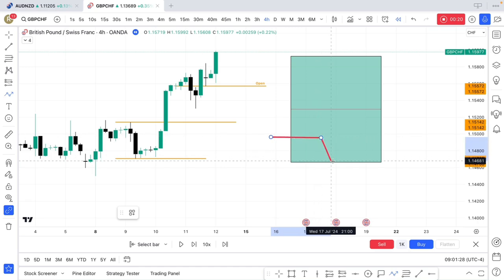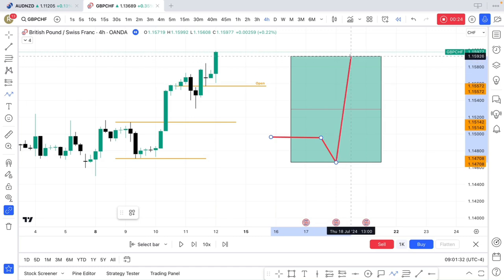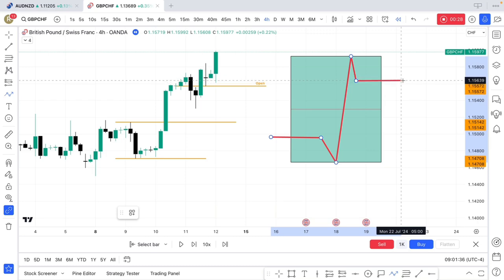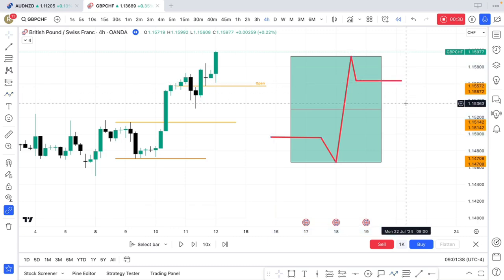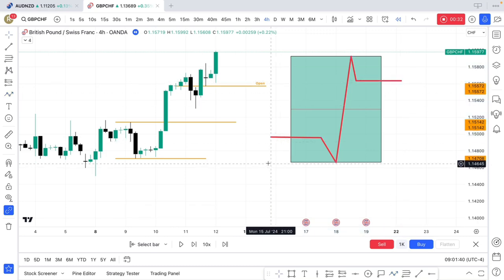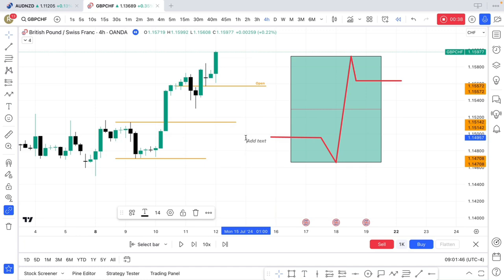It has a manipulative phase, and it has what? An expansion phase. That is expansion before it closes here. So this is an open of the candle. Every candle has this.